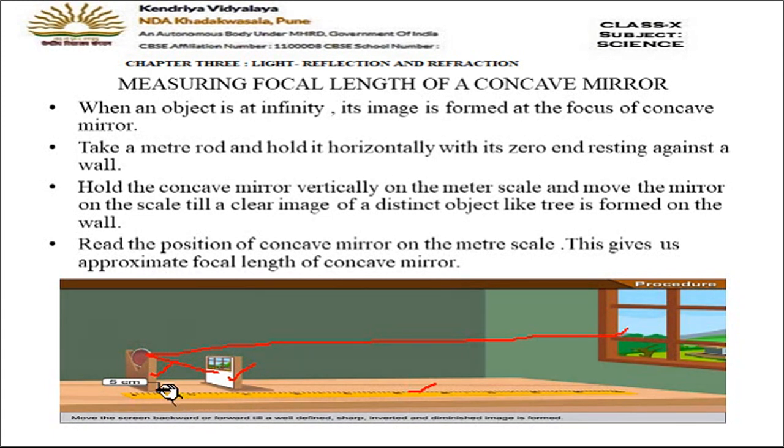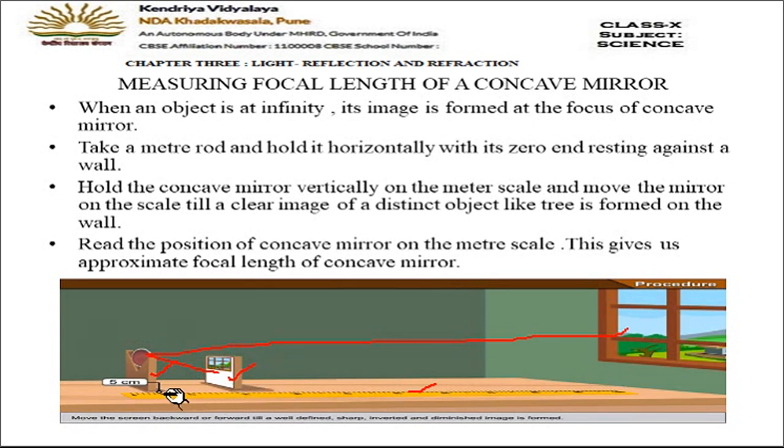Now, we have to adjust the position of the mirror and the screen such that the image formed on the screen is very clear. We will adjust the mirror and the screen till the clear image is formed on the screen.